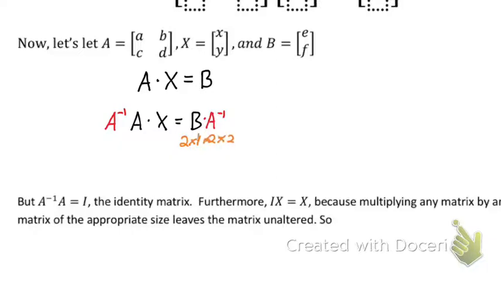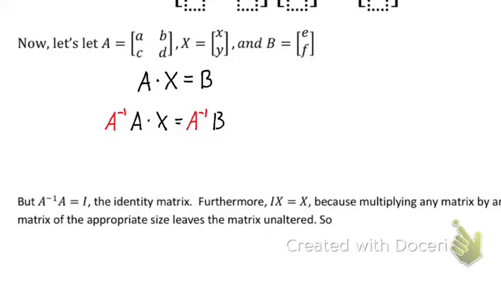So this would not work. You can't do this. So just like Leo said, you have to be very careful on what side you multiply things on. It has to be A inverse times B. You do it out of order and you can't even do the multiplication. Like Leo said, even if you could do the multiplication, it's a different answer. So we have to keep it out front.